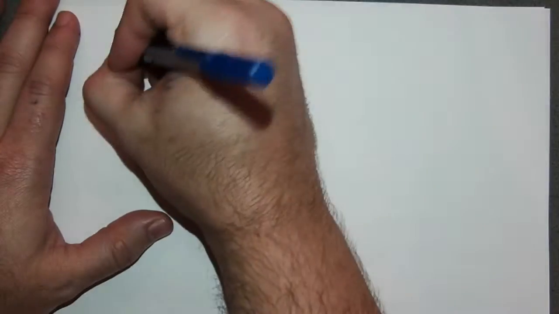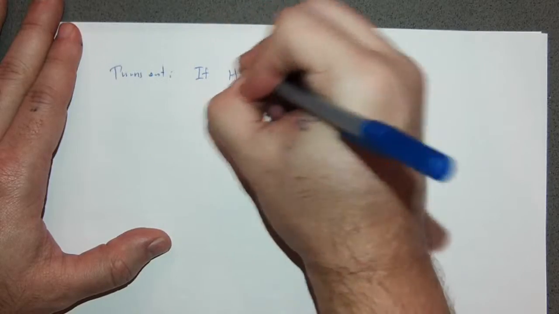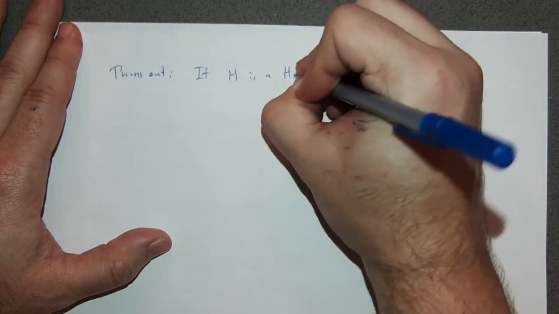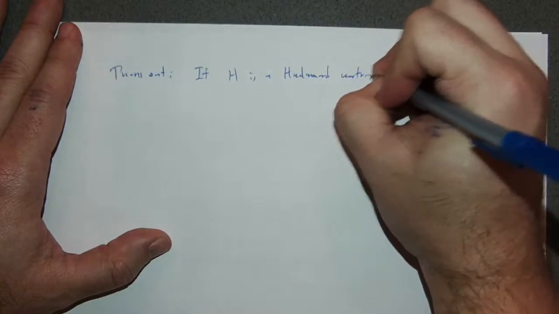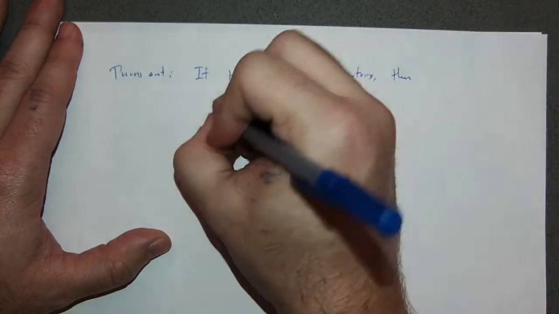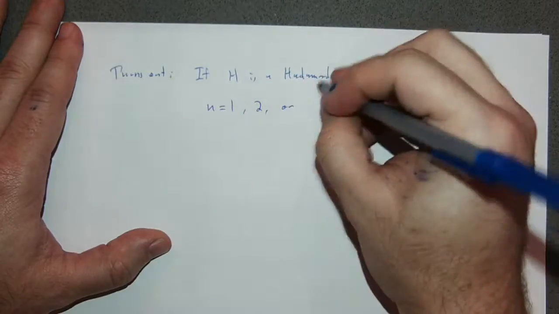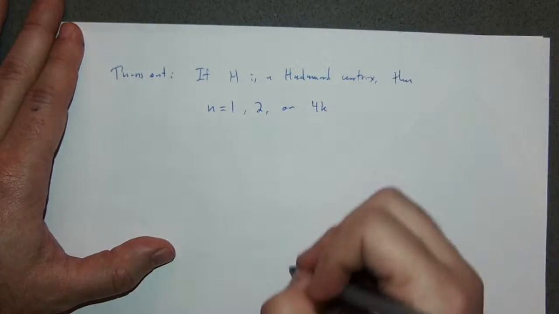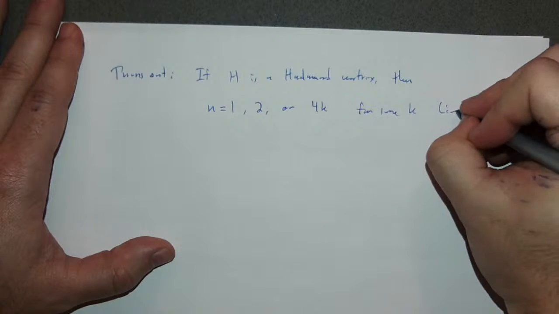So it turns out if H is a Hadamard matrix, then N is equal to 1, 2, or 4k for some k, i.e. a multiple of 4.